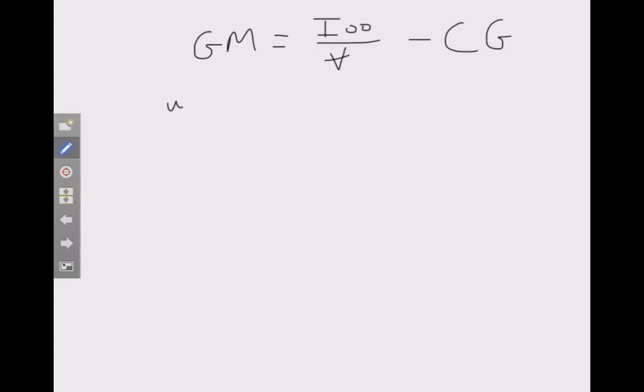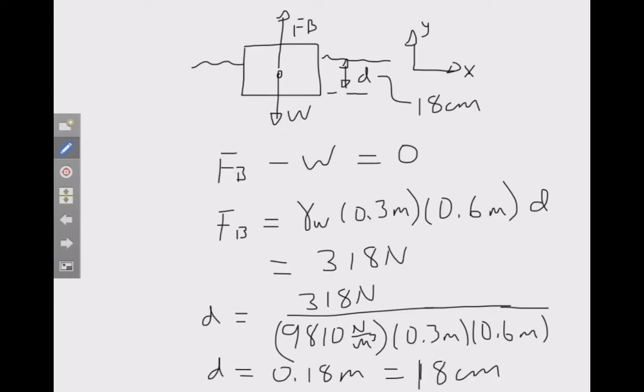So we know these things. I00, and this is a key point about doing these problems, is basically the cross-sectional area about the water line.